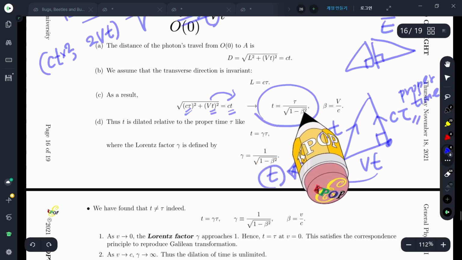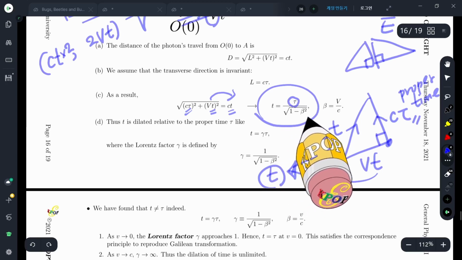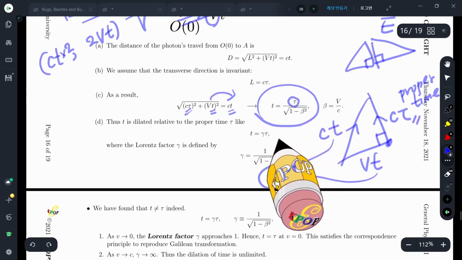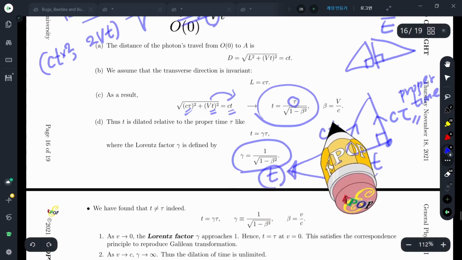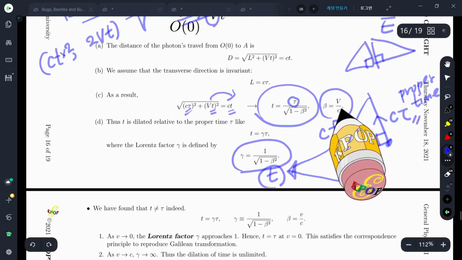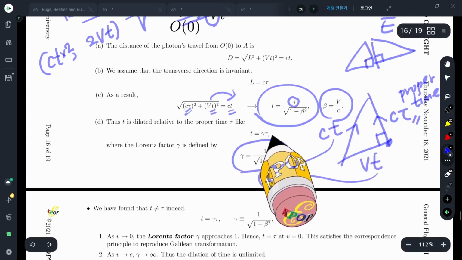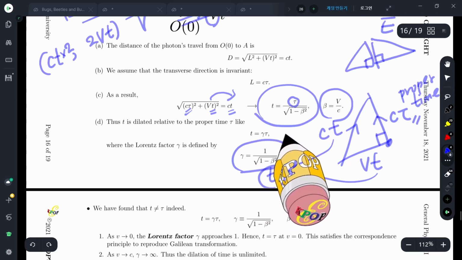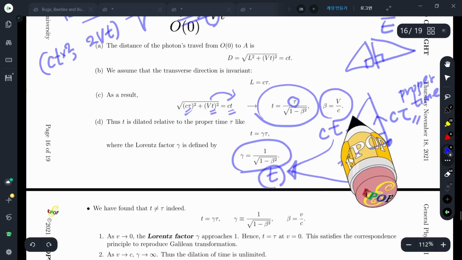Time is a product of the proper time tau and a factor. This factor is called the Lorentz factor, and that is always greater than 1. When beta, that is v over the speed of light, is 0, tau and t are identical to each other. If it is not the case, gamma is always greater than 1.